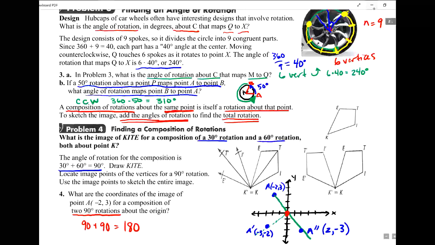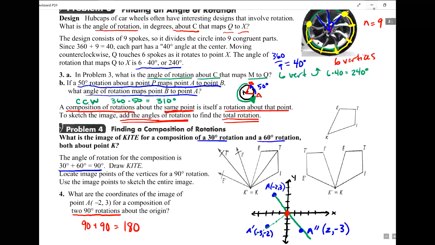And so I would measure 90 degrees and measure how far out it is, and then measure another 90 degrees, measure how far it is. We know how to measure distance on a coordinate plane, okay? Or we know that for a composition of rotations, I simply add them together, and 180 degrees is just going to be a straight line through the origin, through our center of rotation.